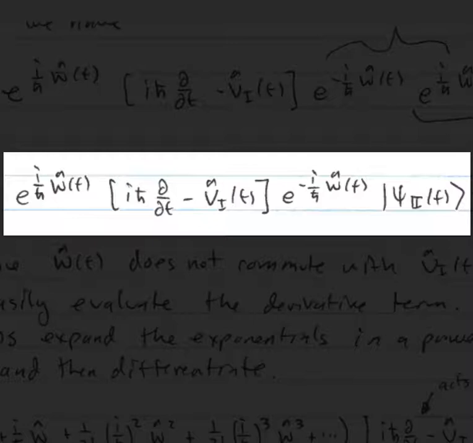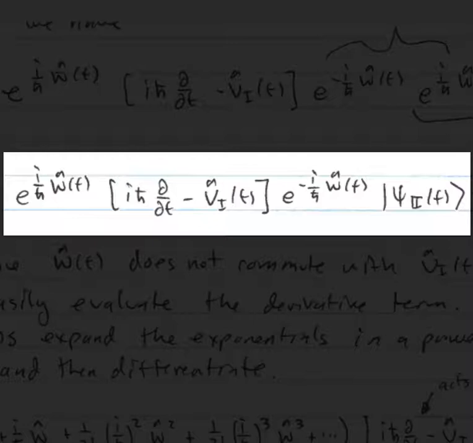And if you don't see immediately why it's not correct, don't feel bad, because this is the kind of thing that takes a little bit of experience in working with time-ordered objects to recognize that. Remember, W of t does not commute with V_I of t. And so I cannot immediately evaluate the derivative by simply taking the derivative of that exponential. The only exponentials that depend on operators that I can take a derivative of are ones that are time-ordered.